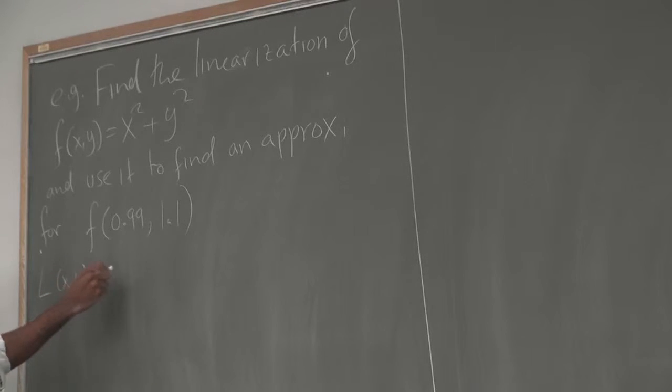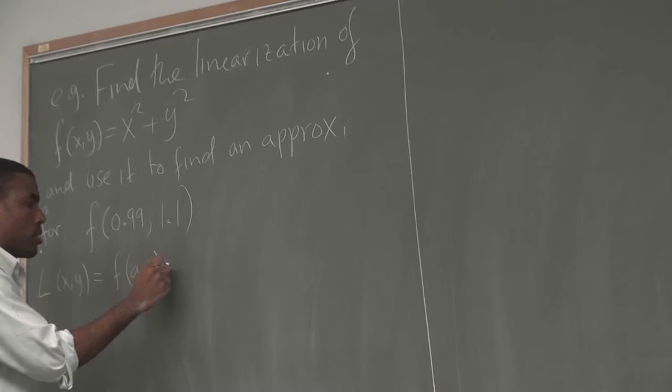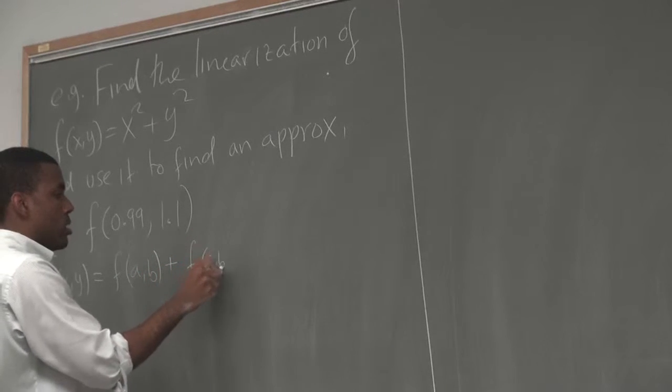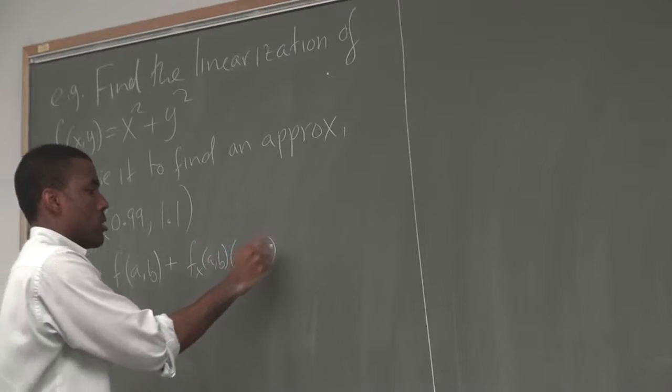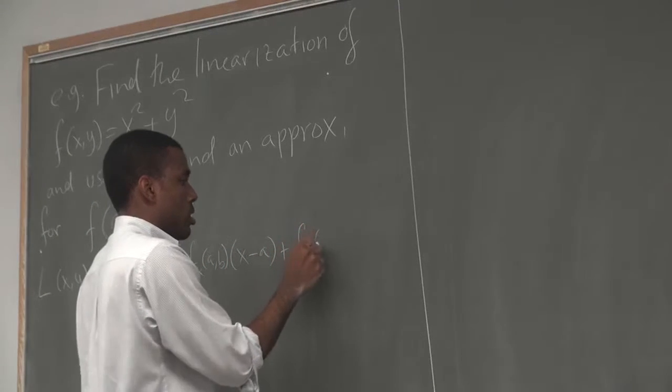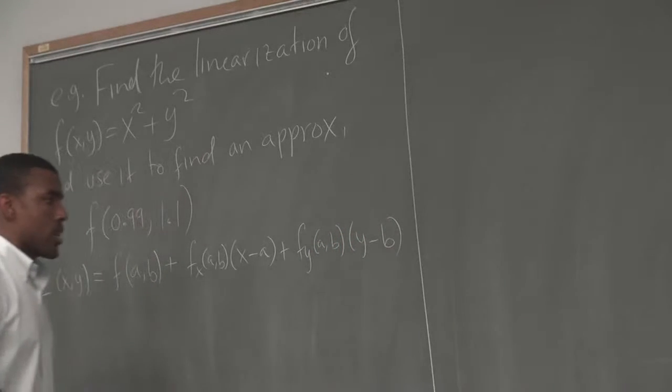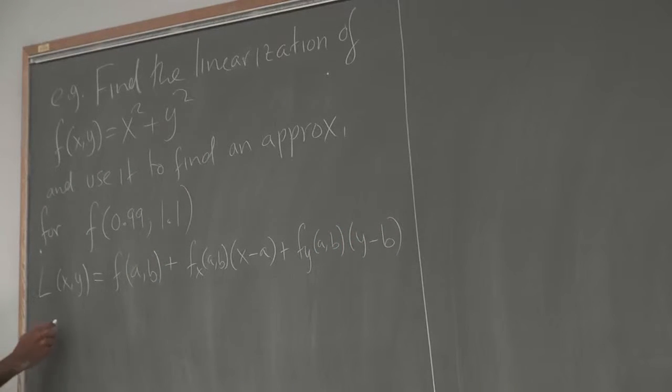Remember, L(x, y) is equal to f(a, b) plus fx at (a, b) times (x minus a) plus fy at (a, b) times (y minus b). So let's find the partials first. fx we knew was 2x.